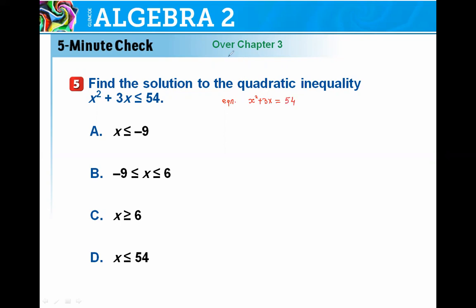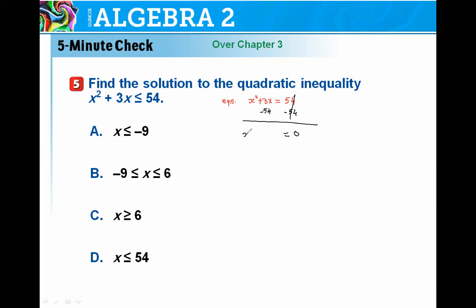After that, I use the opposite operation to cancel 54 and make the equation equal to 0. So I subtract 54 from both sides, and then I cancel here, so it equals 0 as you see.